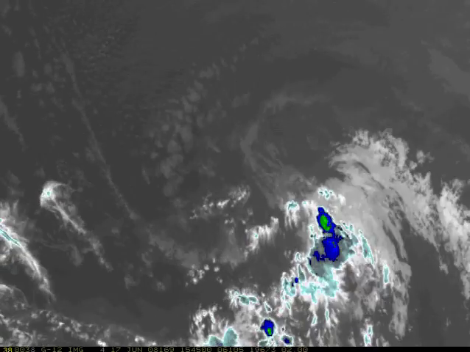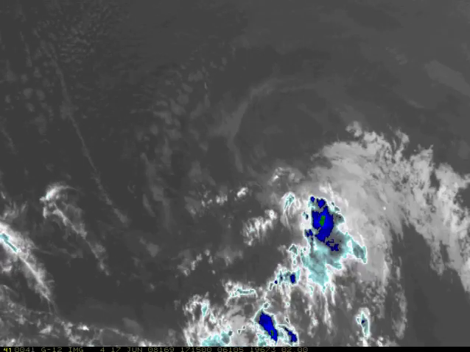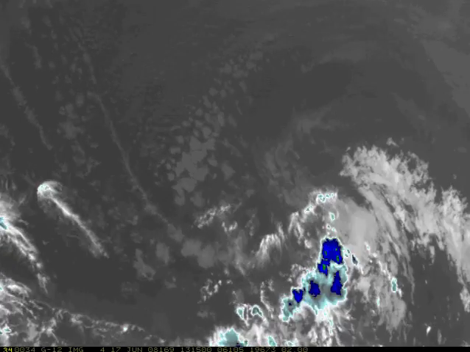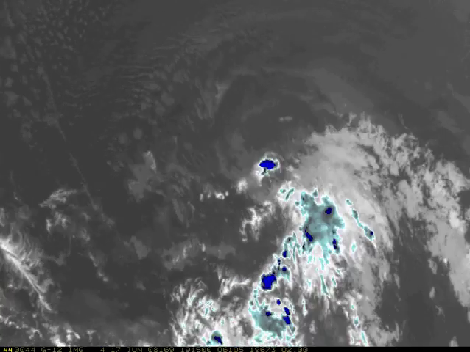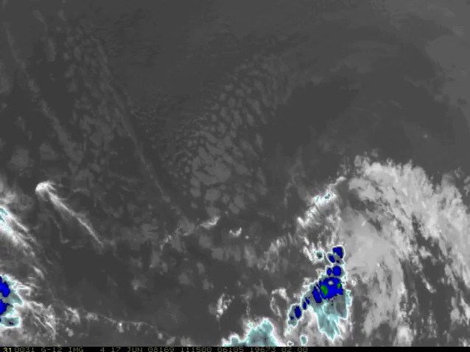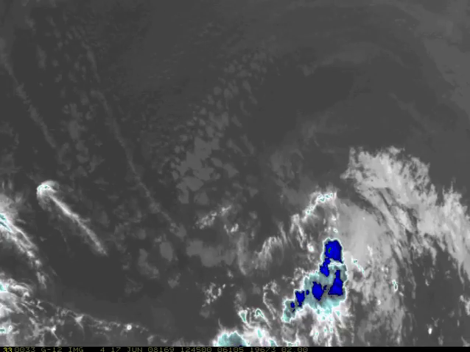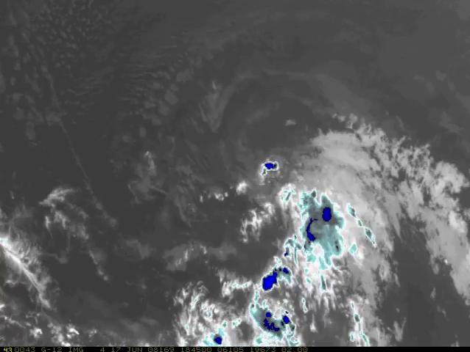This is the same time period as the previous loop, except here we're looking at the IR imagery. The advantages are that the deeper convection stands out more readily and we have continuity through the nighttime hours. The disadvantage is that the low-level clouds are more subtle, making identification of the wave somewhat more difficult than visible imagery analysis.